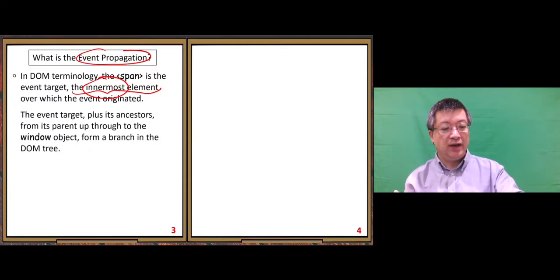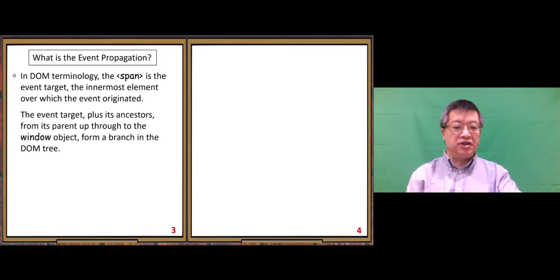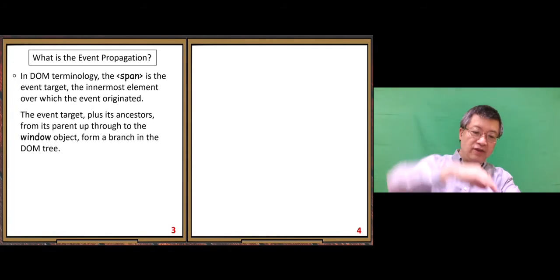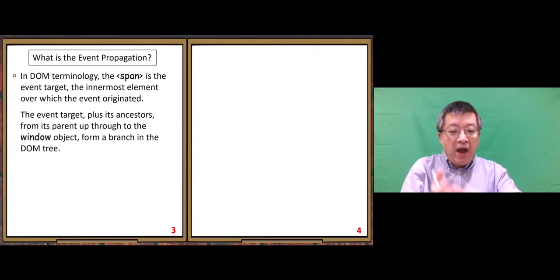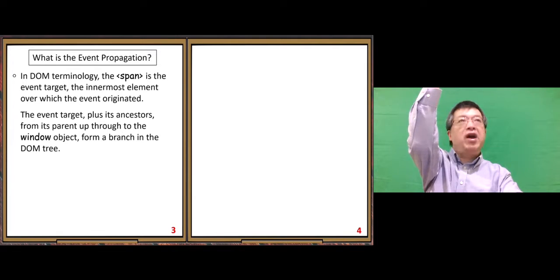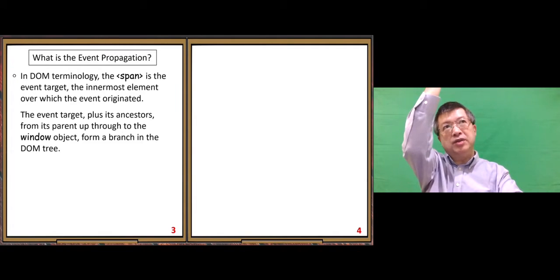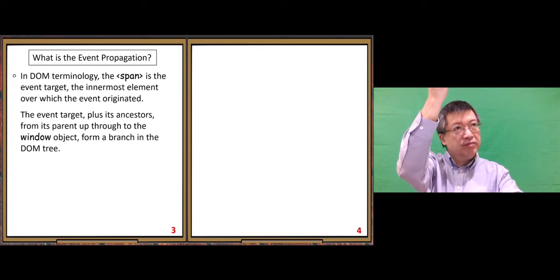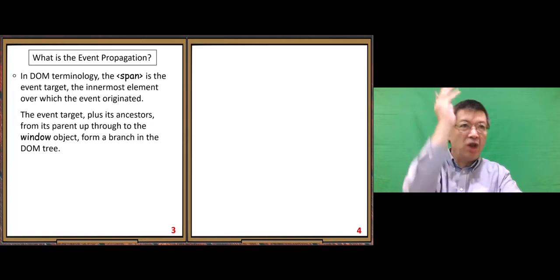So the event target plus its ancestors: a long list of elements, from its parent, the immediate ancestor, up through the very top element, the window object. The window object is above the document object. In the previous slide, we didn't put the window object, but it is another level above the document object.